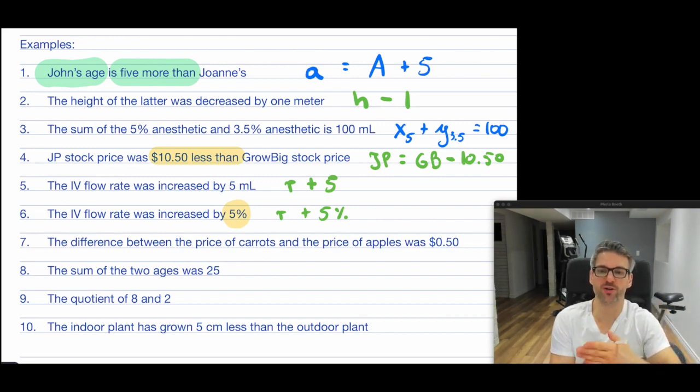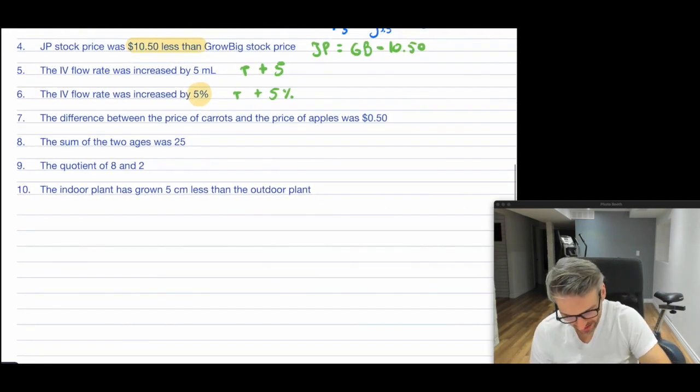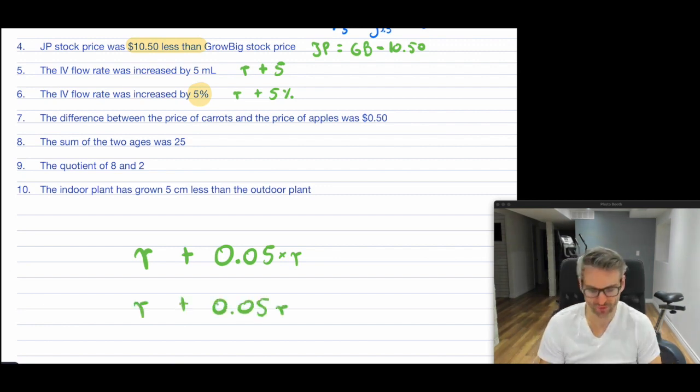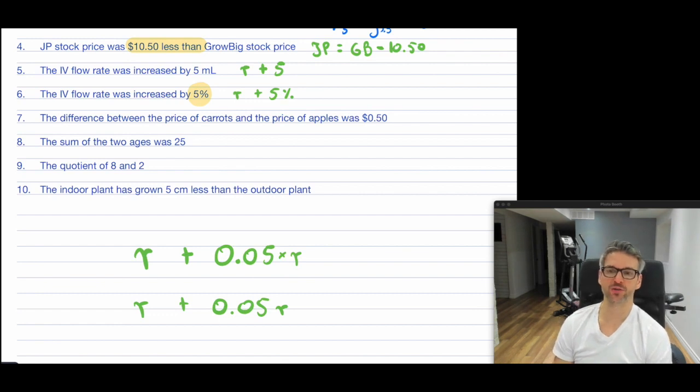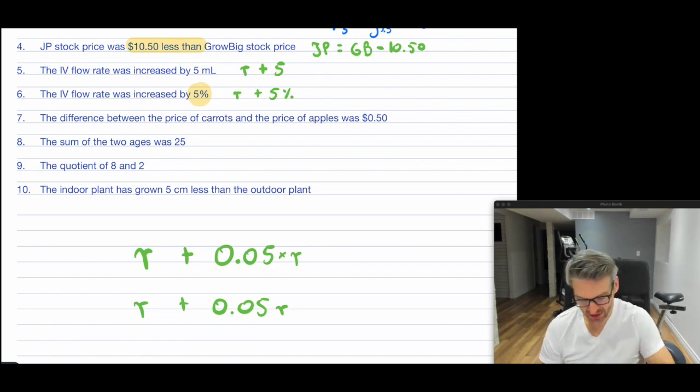So in those questions, it is R plus 5%, and we always change the percent back into a decimal, and it is of the R, so it is multiplied by R. Really, in full, this is what you would write. When you're increasing or decreasing by a percentage, it has to be a percentage of that original. All right, so that is correct.